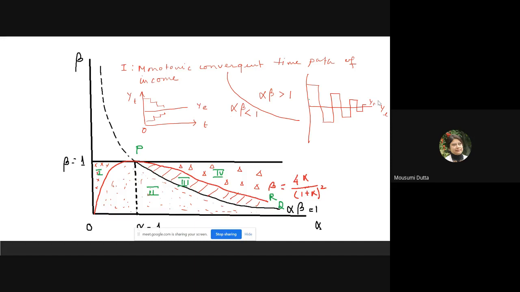Everybody, zone 3, alpha beta greater than 1, isn't it? Yes. So in zone 3, beta greater than 1 upon alpha. Hence, the time path will be divergent in nature.